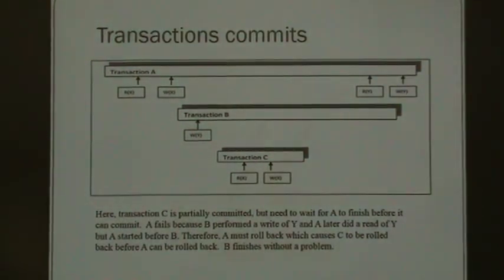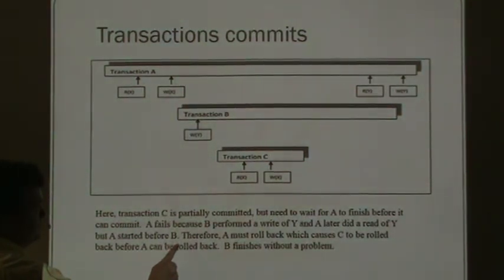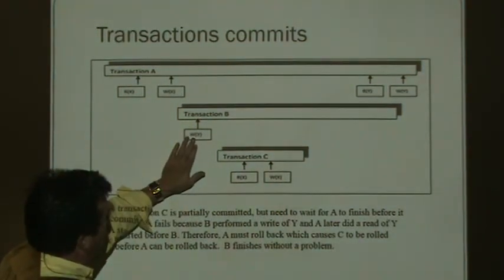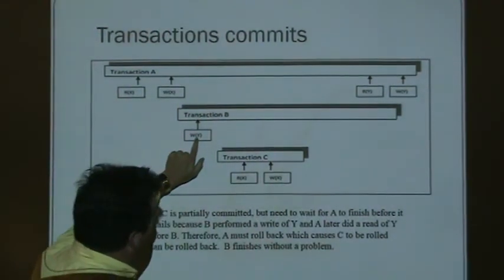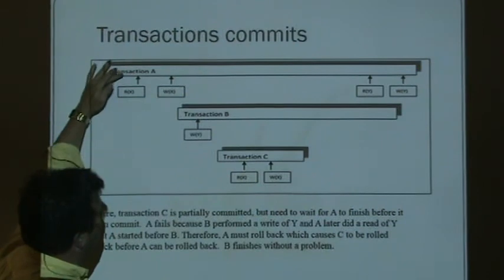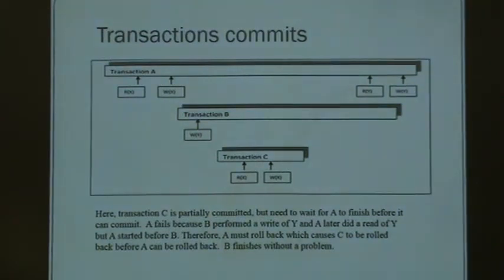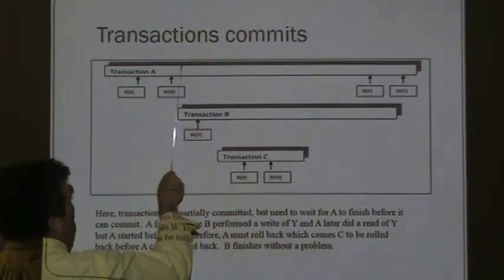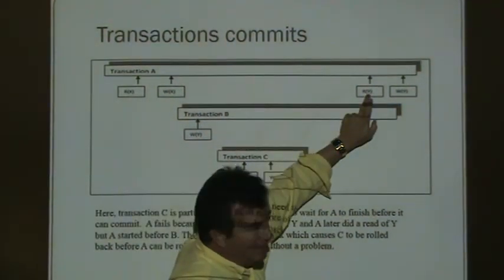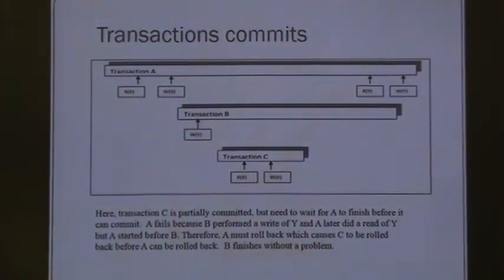A started before B. So if this transaction wrote a variable and then this one ran second, then it would be as if B ran before A, and A needed to run, as we said, before C. So because transaction B started after A started, but it wrote a variable that A later read, then A and B have to be undone, have to be rolled back and start over.